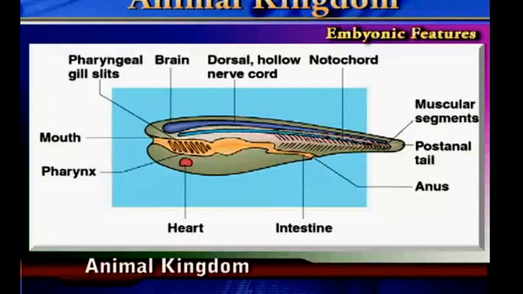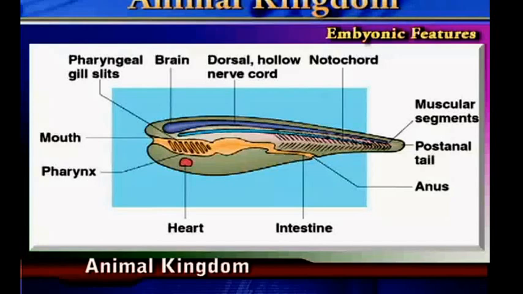And then they also have the notochord, which acts as a supportive tissue. This one is behind the digestive tract, and it later turns into the vertebral column to protect the nervous system or the spinal cord.